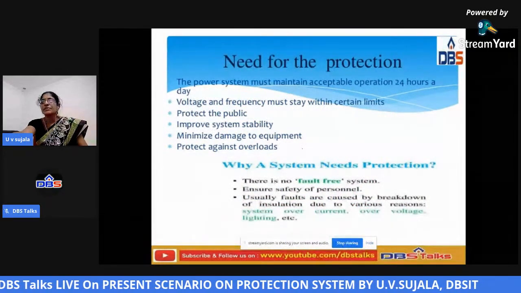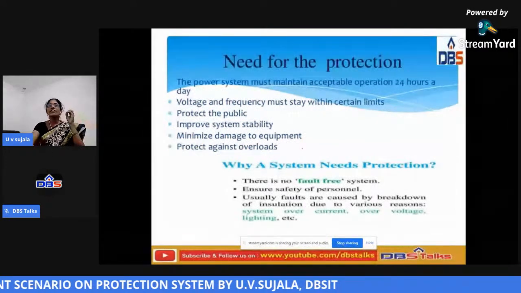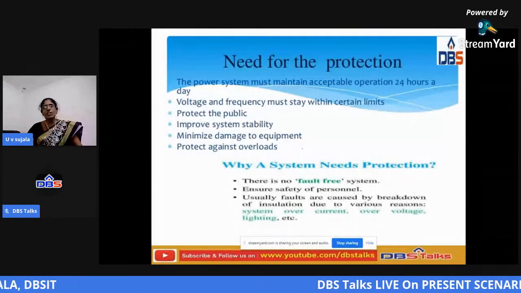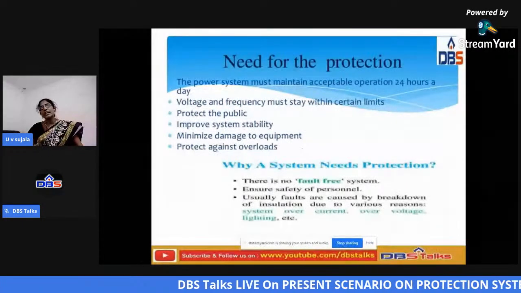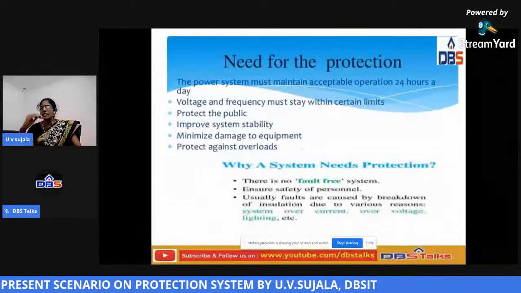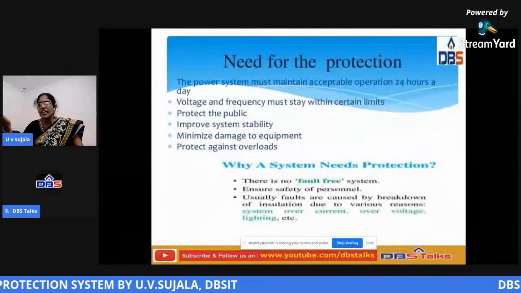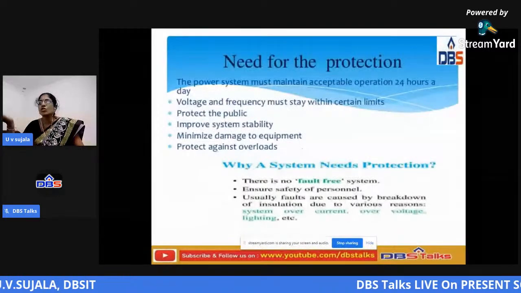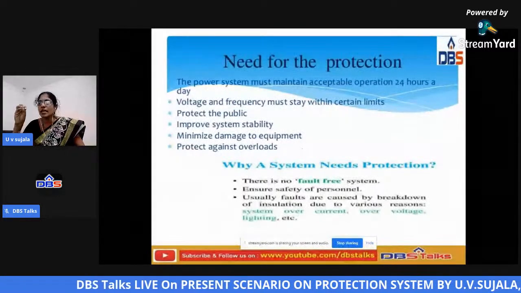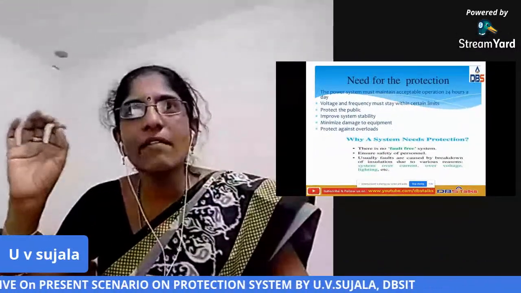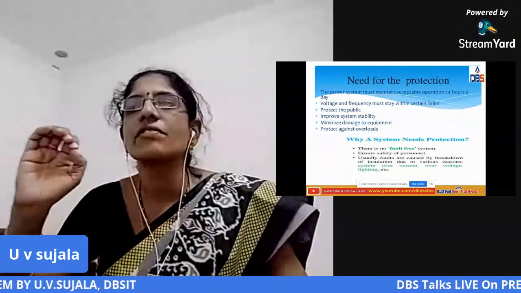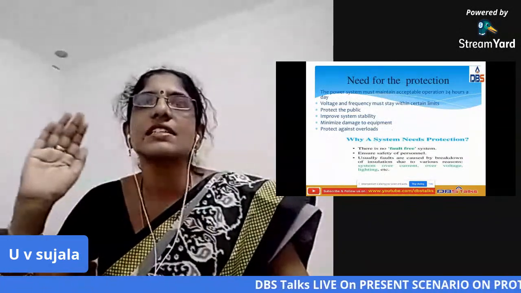It is that if any failures may occur in each part, such as insulation failure, over voltage, over current, under frequency, over frequency, whatever it may be, that means fallen or broken transmission lines, incorrect operation of circuit breakers, short circuits, open circuits, we have to protect. That means the power system must maintain acceptable operation 24 hours a day.